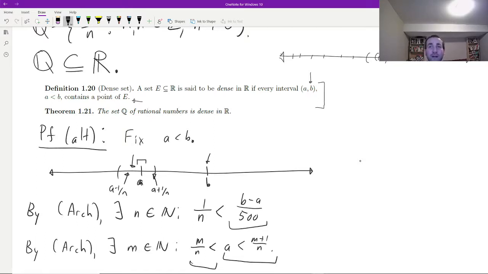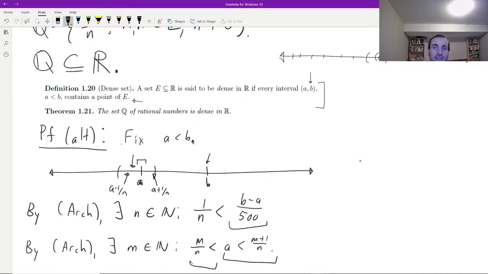In other words, I get to say, hey, you got to give me an AB, and then I'm going to find my element of Q afterwards. If I had to find my element of Q first, of course it's easy to find a pair AB that avoids a particular element of Q. So the order really matters. All right. With that little aside out of the way, let's see how the proof is going to go. So the first thing that I get to say is, hey, hand me an A and B.